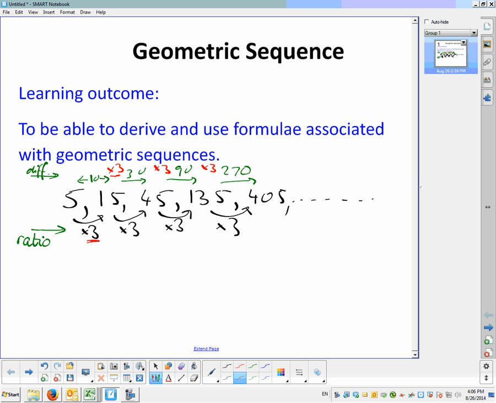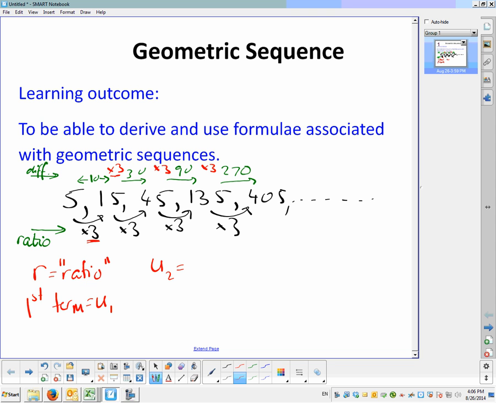So here we've got the ratio, which I'm going to call R. And we're still going to have the first term, we're calling that U1. And we want to be able to write down an nth term, just like we've done for the arithmetic series. So the first term is U1, and the second term, how do we work out the second term, U2?